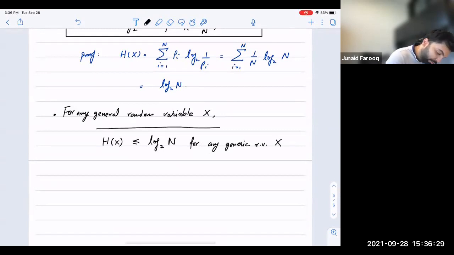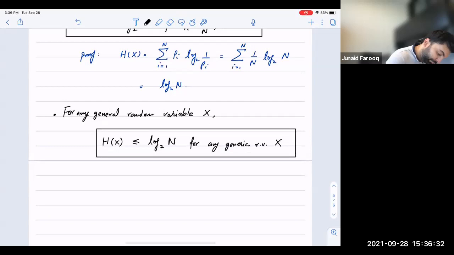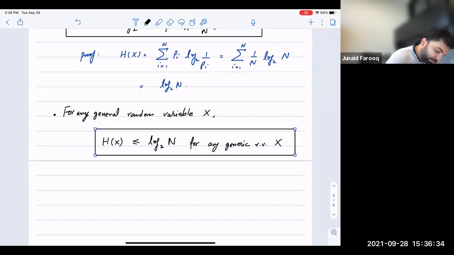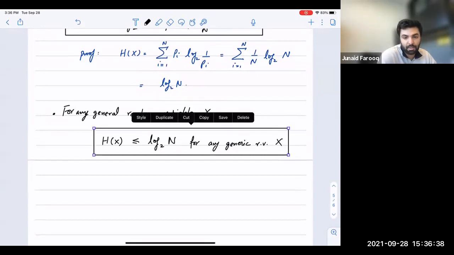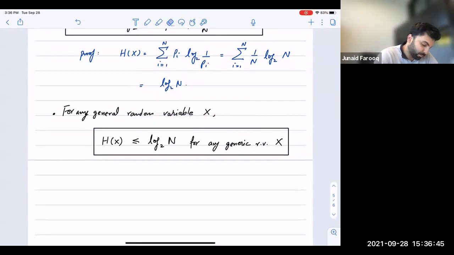Okay, again, an important result here. Any random variable cannot have entropy higher than log 2 of n. And it is equal to log 2 of n if symbols are equiprobable, or we have a uniformly distributed random variable.